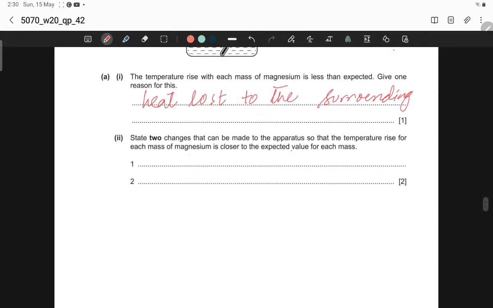State 2 changes that can be made to the experiment so that the temperature rise for each mass of magnesium is closer to the expected value for each mass.